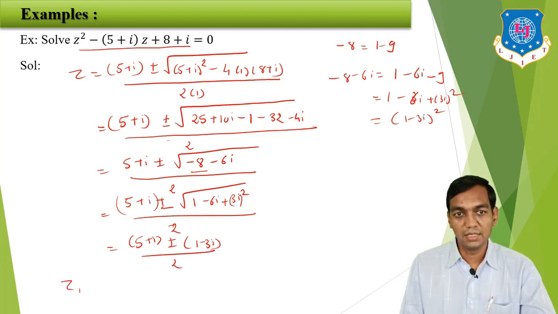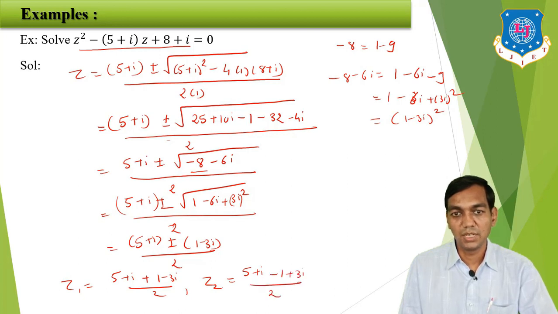So if you are finding z1, then it is 5 plus i plus 1 minus 3i, by 2. And if you are finding z2, then 5 plus i minus 1 plus 3i, by 2.